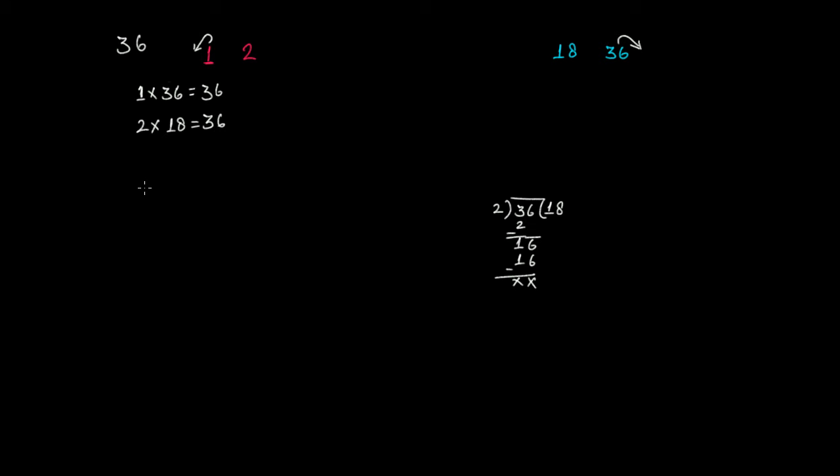Now what about 3? In order for any number to be divisible by 3, the sum of the digits of that number should be divisible by 3. In this case, you have 3 plus 6, which is 9. 9 is divisible by 3, therefore 36 itself will be divisible by 3.